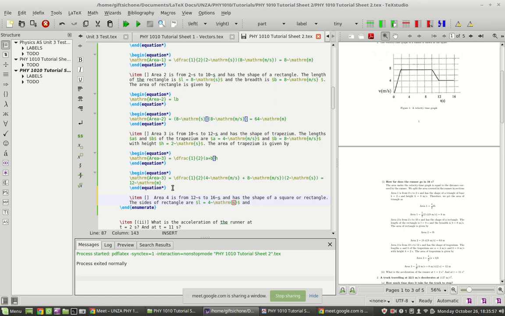And the breadth B is how much? 4 meters per second. So basically this thing is a square, except we can't do squared. It is a square in name, but we have to do rectangle. Is that clear? Yes, sir.